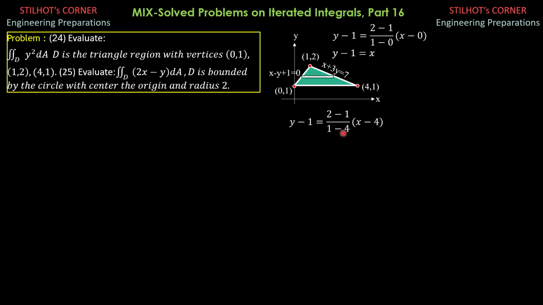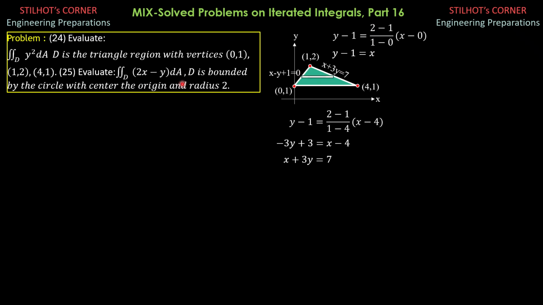So this is 1 over negative 3. So negative 3y plus 3 equals x minus 4. Simplifying, that would be x plus 3y equals 7. So we are already verifying that these are the equations of the sides.